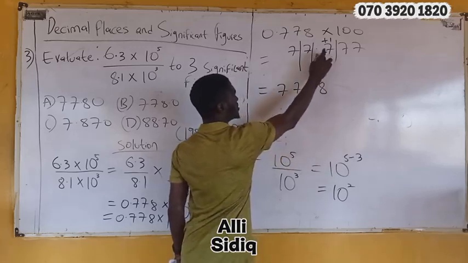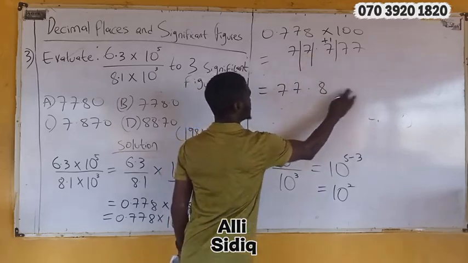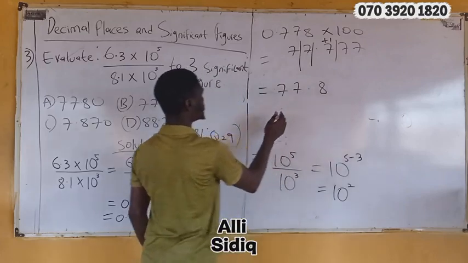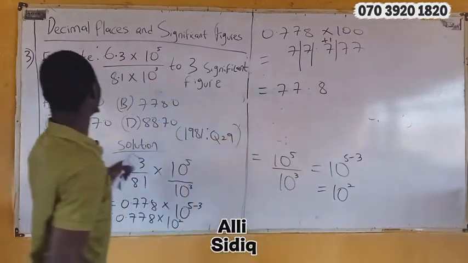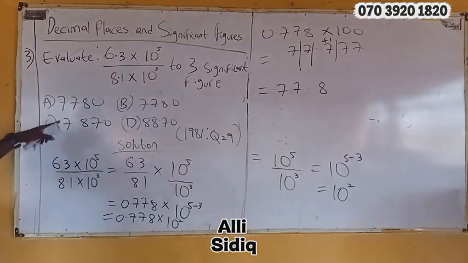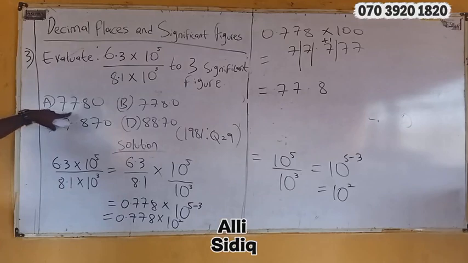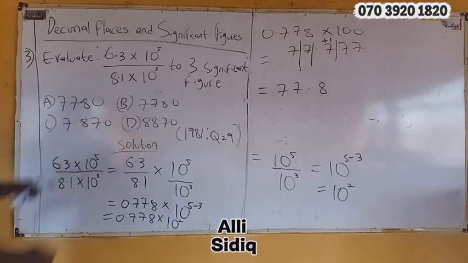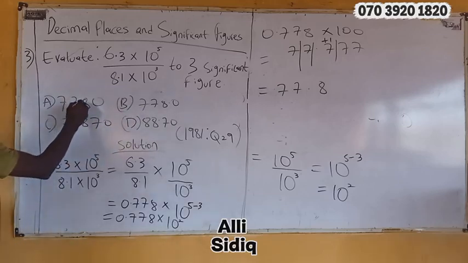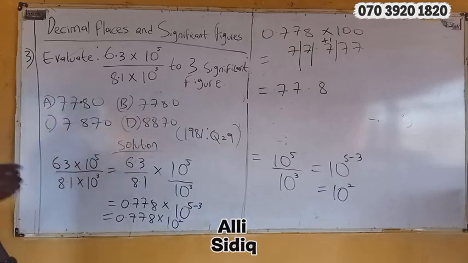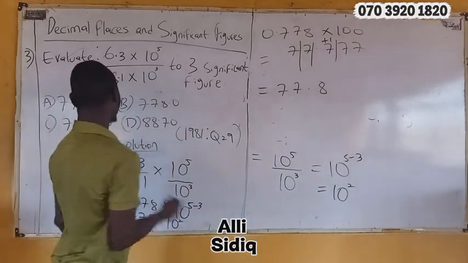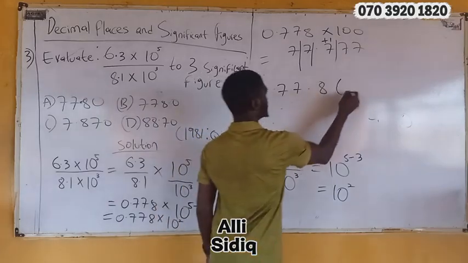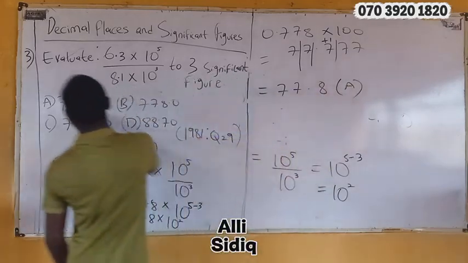So I add plus 1 to this side, it becomes 8. 78.0. So where do I have that here? 78.0, which is option A. You check your options around. This is our best option. Option A is my final answer.